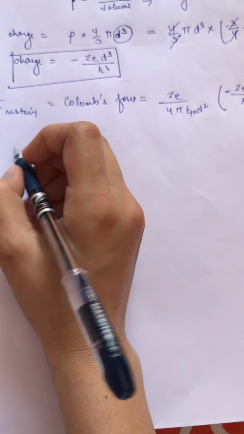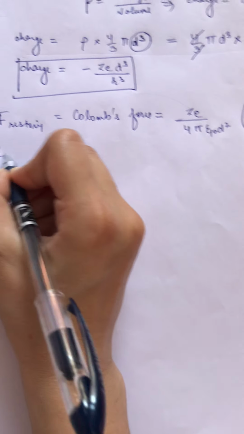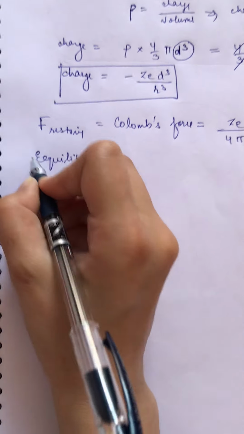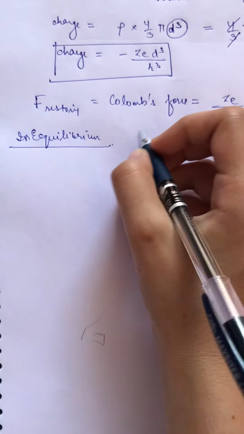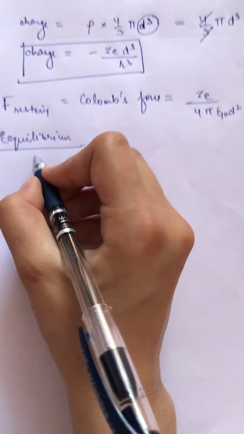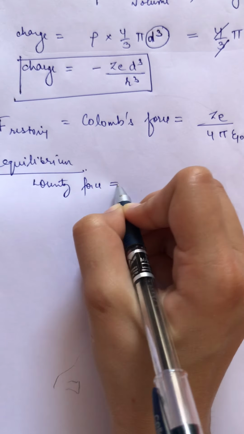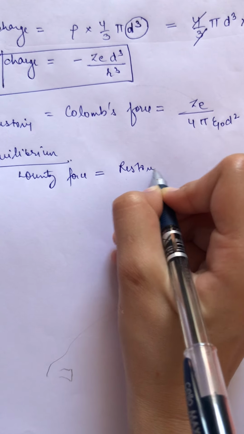Now we will consider the equilibrium case. In equilibrium, both the forces will be equal, that is the Lorentz force will be equal to the restoring force.